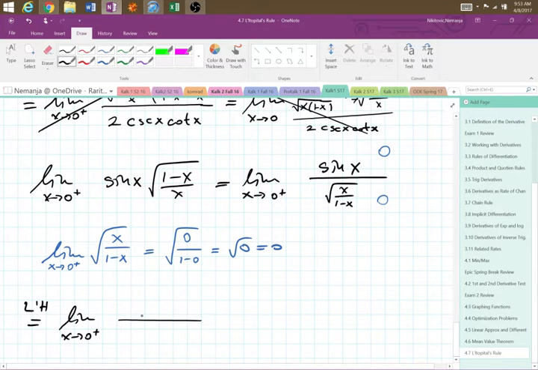The derivative of sine x is cosine x, and the derivative in denominator is going to be square root of x over 1 minus x, and then the logarithmic differentiation is 1 over x, or 1/2, because the square root, and then minus denominator, another 1/2, and that would be 1 minus x there. I'm thinking this is going to work out to be 0, but let's see.